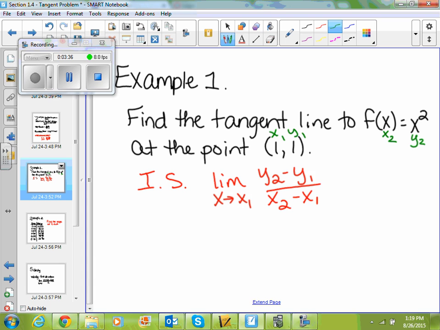So if x1 is 1, then I'm going to find the limit as x approaches 1 of x squared minus 1, all divided by x minus 1. Your equation is always going to be your y2 when you're finding your instantaneous slope. And then x will always be your x2 when finding your instantaneous slope.